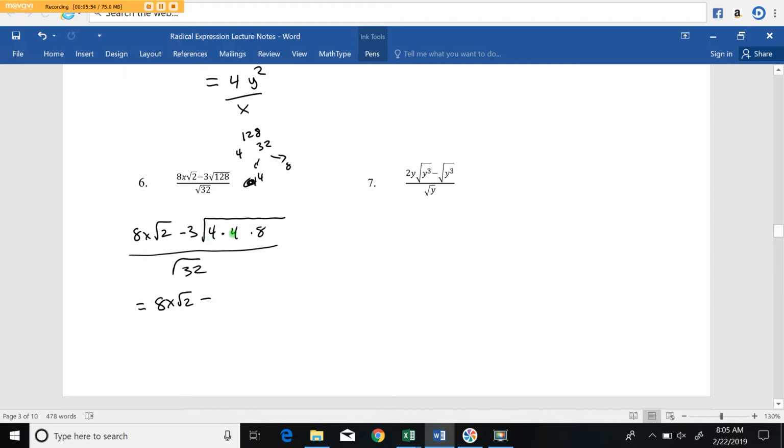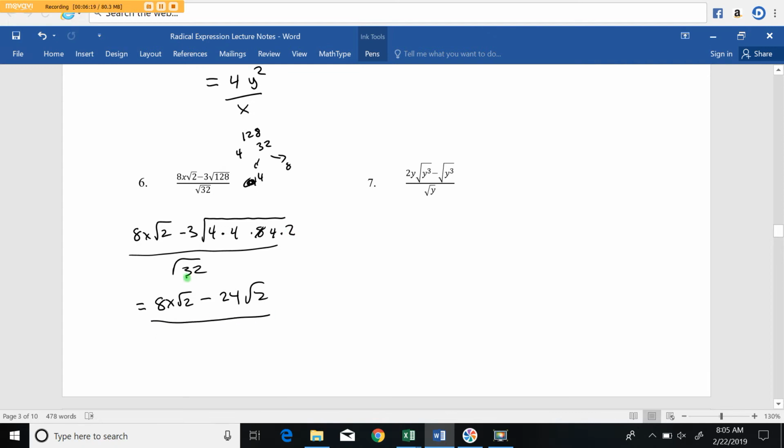Square root of 4 also 2. So we can bring out at least a 4 squared. And in this 8, let me go back and write that 4 times 2. Sorry about this. So square root of 4 is 2, and then another 2, and then another 2. So that's 2 to the third, or 8, times 3 is 24. And then we're left with this square root of 2 inside the radical.